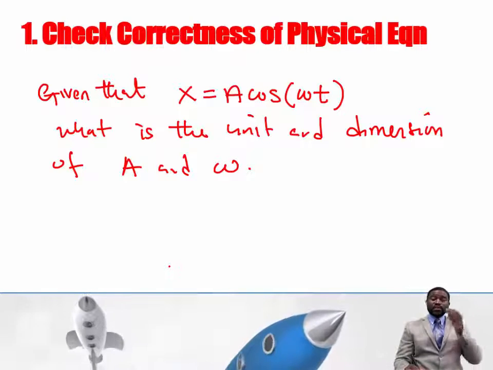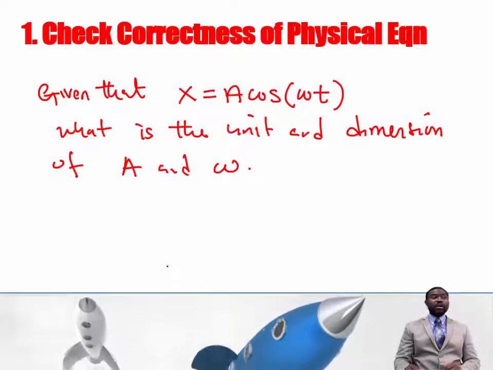What is the unit and dimensions of a and omega?